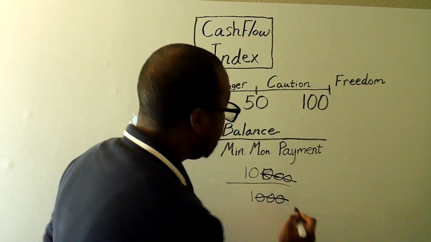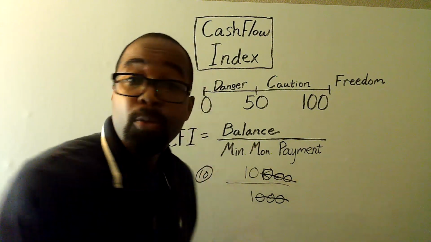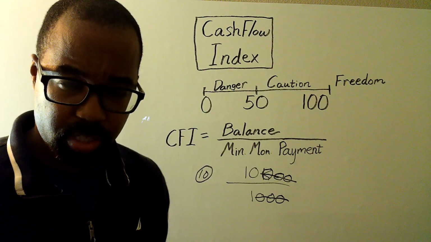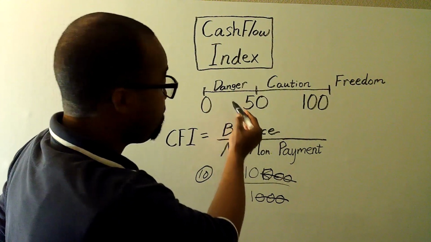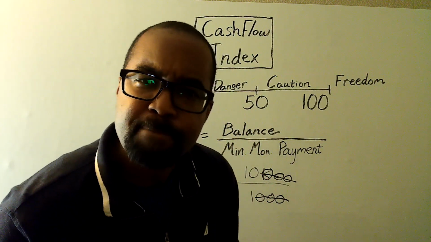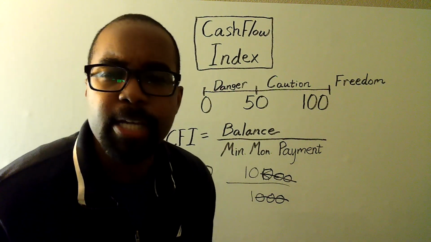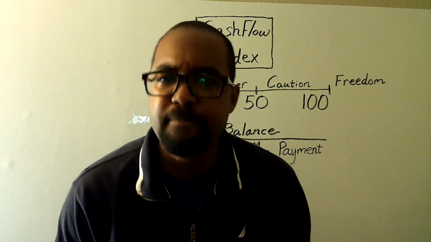Now our cash flow index is 10, which puts us where on the cash flow warning scale? It puts us in the danger zone, because 10 is between 0 and 50. And since that puts us in the danger zone, that's telling us that we have an inefficient loan.